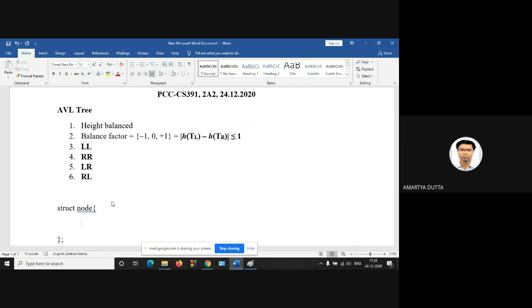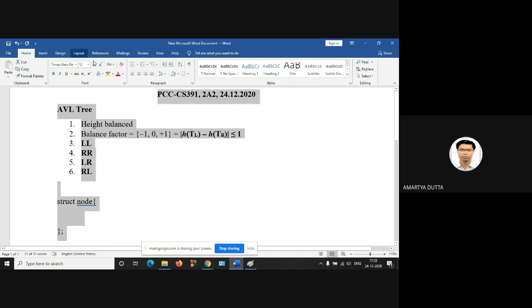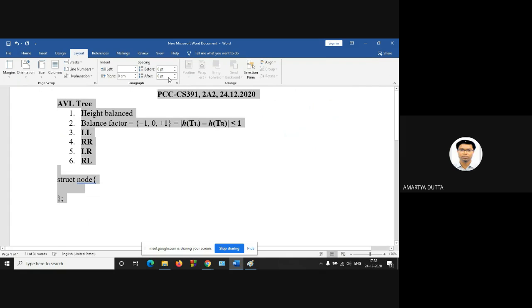The first part is the left pointer part. Okay, so first part is left child. Left child. It is a pointer for recursive structure.